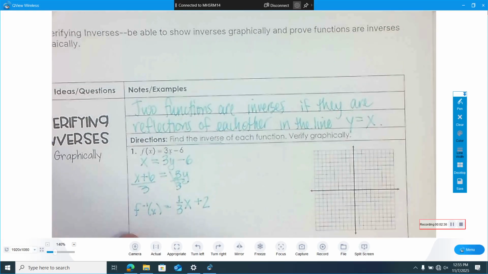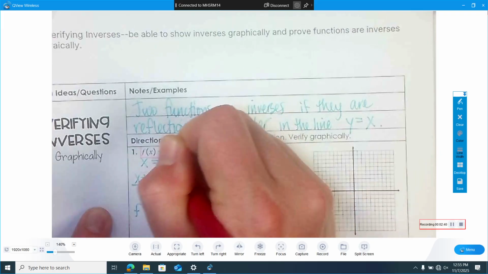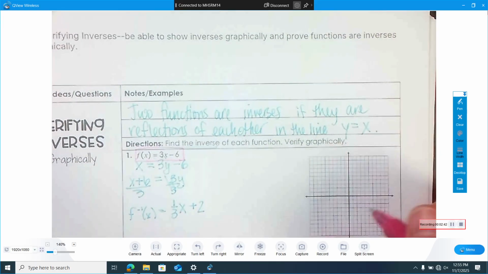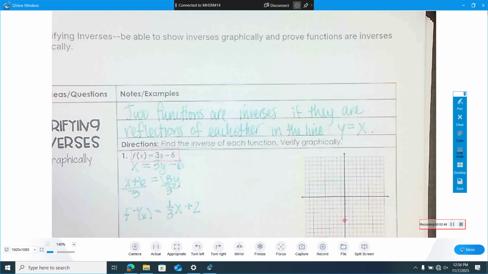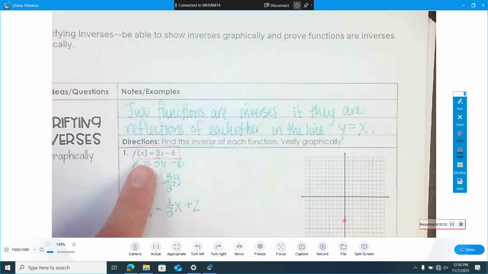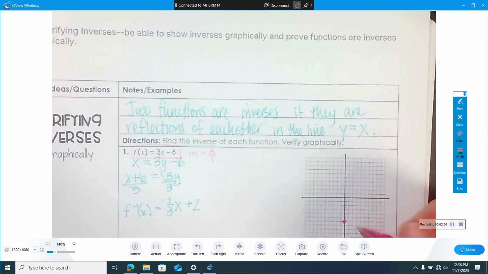So I'm going to graph my original function here, 3x minus 6. I'm going to graph that in pink. 1, 2, 3, 4, 5, 6. So starting at negative 6, and then what's the slope of that pink line? 3 over 1. So up 3, right 1.